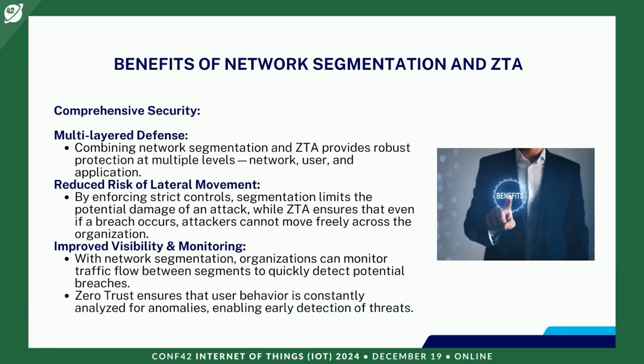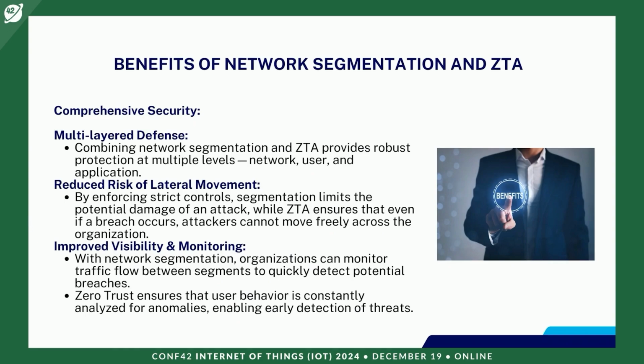So for example, if your printer is only supposed to talk to a print server or some monitoring systems, and suddenly it starts talking to an external DNS server or tries to access some malicious sites, there is a red flag right there. And that can be easily found out by using the ZTA, which ensures the behavior is constantly analyzed for anomalies, enabling early detection of threats.